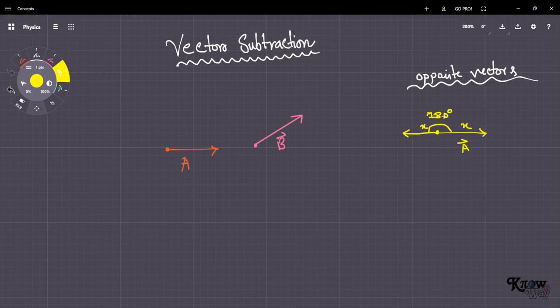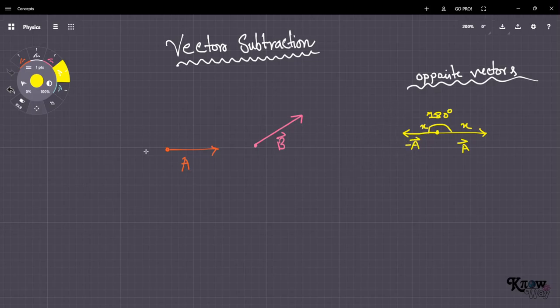So 180 degrees apart, it is going in the opposite direction. Then we will call that vector the opposite vector of A, or vector minus A. That's the vector minus A.